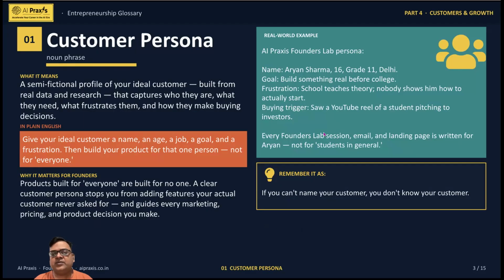And the definition of customer persona is very simple. It's a semi-fictional profile, okay, of your ideal customer built using real data and research. It captures who they are, what they want, what frustrates them, and how they make decisions. Now, let's simplify this.